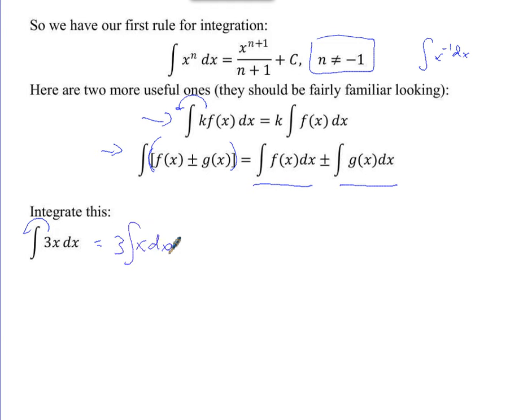And we know what the integral of x dx is. This gives me 3 times x squared over 2 plus c. That becomes 3x squared over 2 plus c.